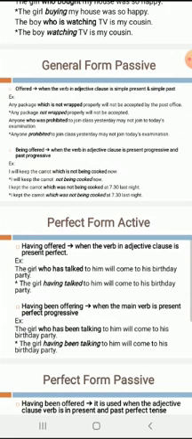For the general form passive, what we have to use is verb 3: offered, eaten, walked, read, and any other. It is used if the tense is simple present or simple past.